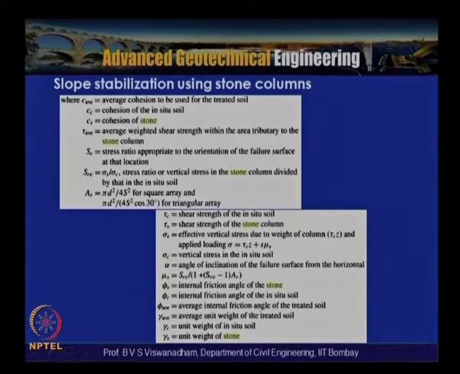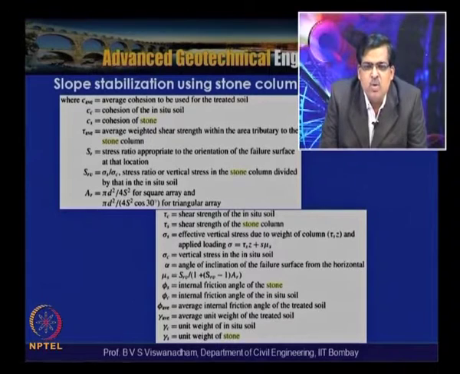The notations are: C average is the average cohesion to be used for the treated soil, and Cc is the cohesion of the in situ soil or the ground, and the cohesion of the stone, Cs, in case of a stone column is 0. That is what was told in the previous slide.